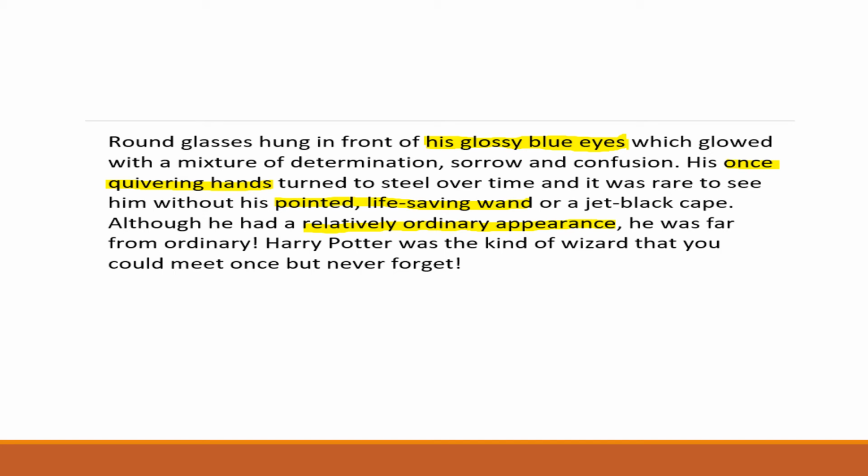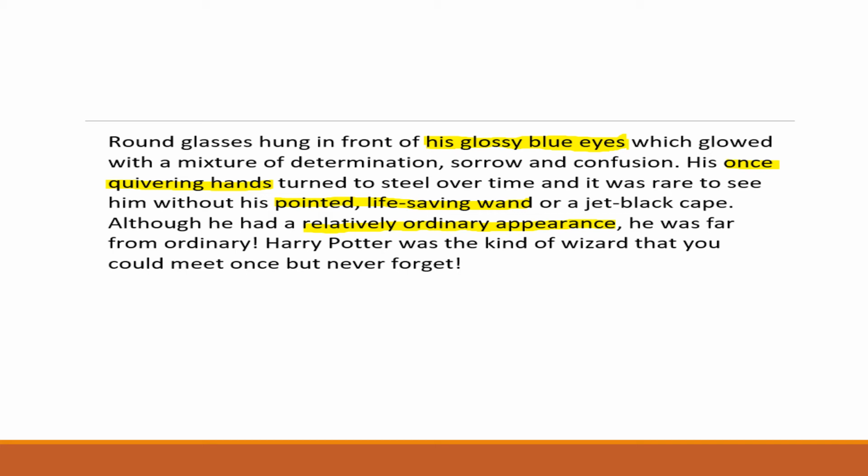The adjectives being glossy and blue, so his glossy blue eyes, his once quivering hands, the hands being the noun, and then the adjective quivering, or compound adjective, once quivering. We've got his pointed life-saving wand, so again the noun being wand, and then the adjectives, his pointed life-saving wand.